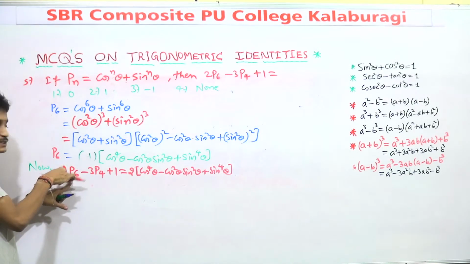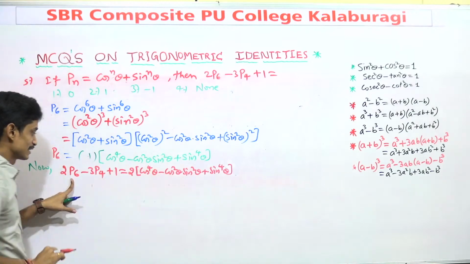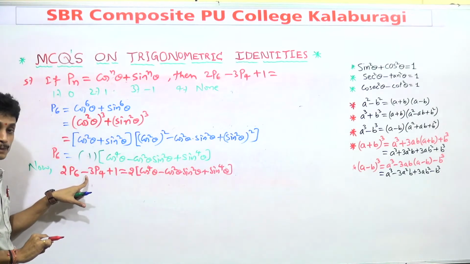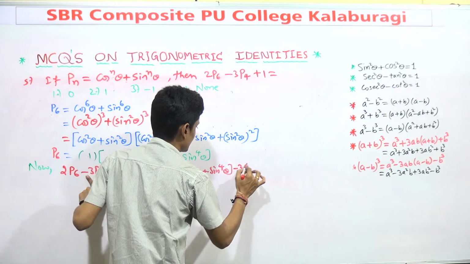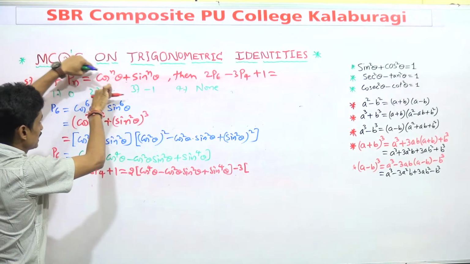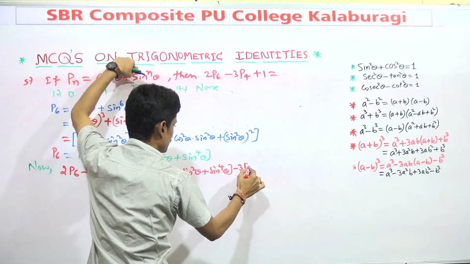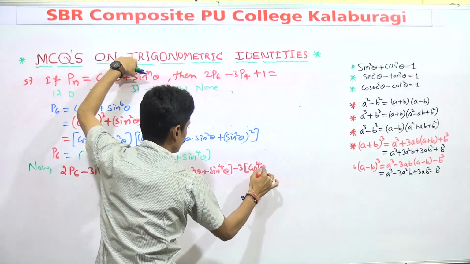I only replaced the P6 with what I got in the previous step. Between, minus 3 times of P4. What is P4? Pn is cos power n theta plus sin power n theta, and P4 means cos power 4 theta.